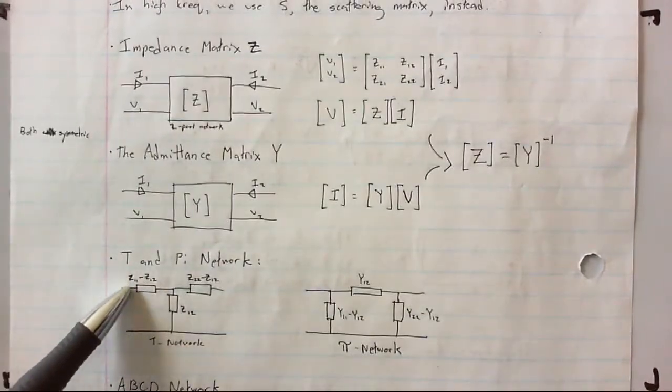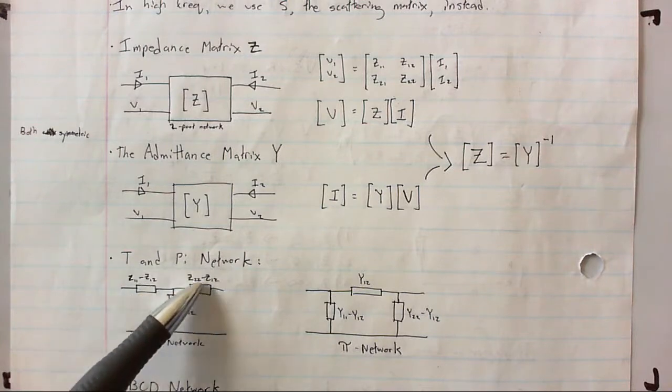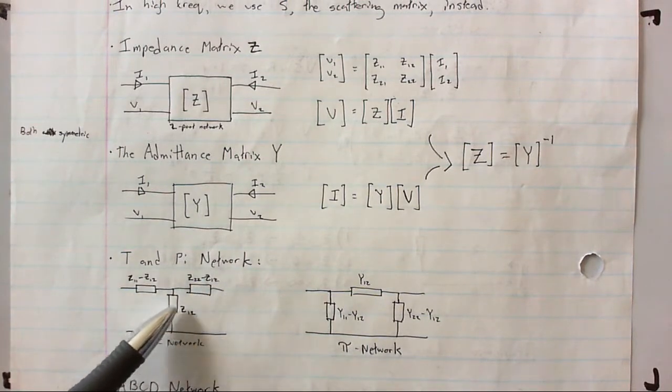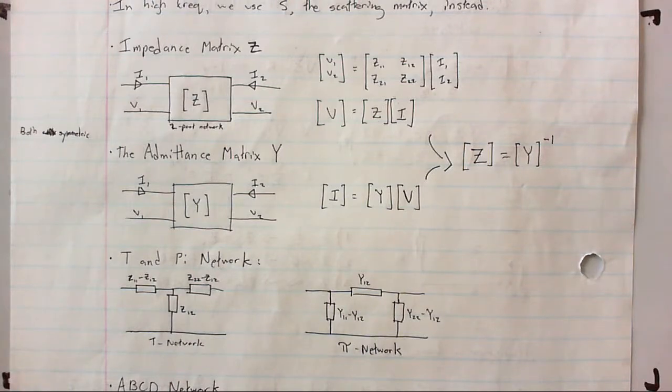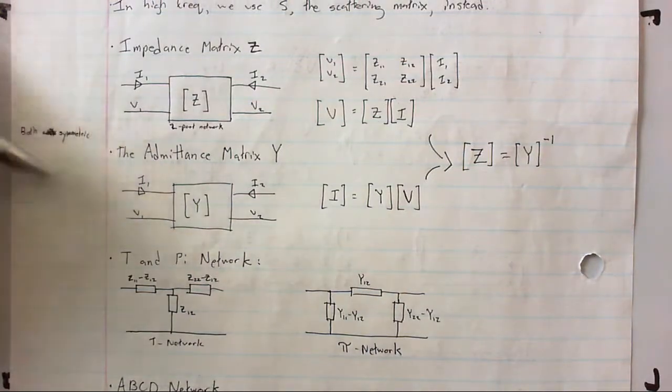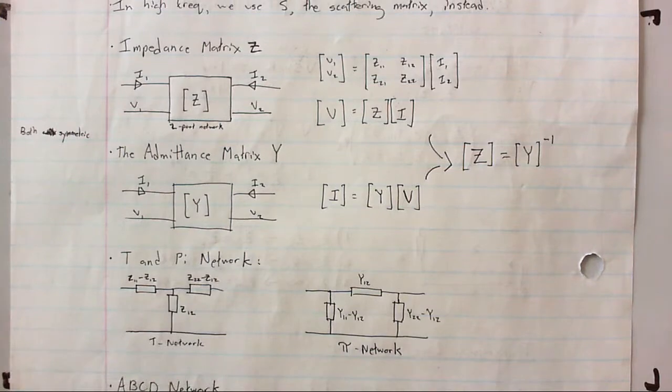So this one right here is Z11 minus Z12, Z22 minus Z12, and then the shunt is Z12. It should also be noted that both of these matrices are symmetric. So Z12 is equal to Z21, and Y12 is equal to Y21.